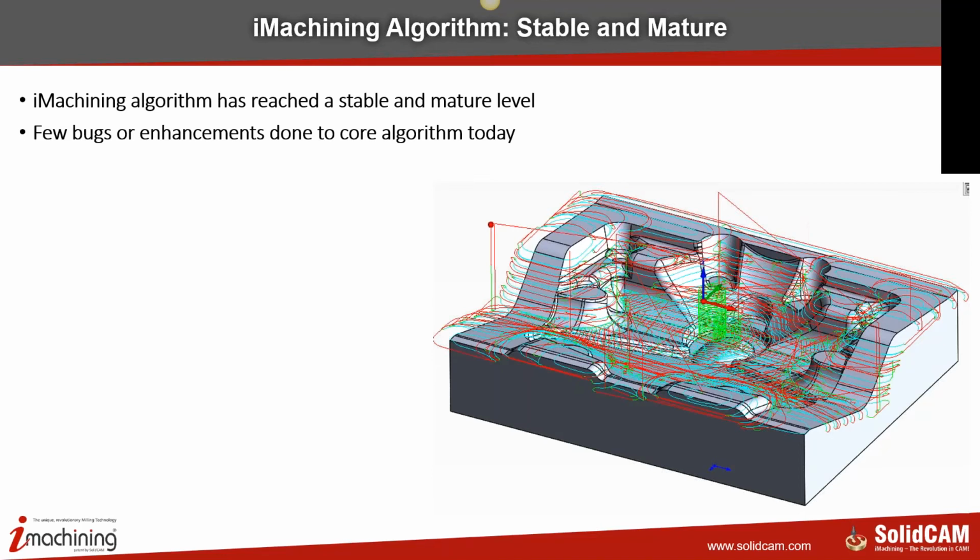The amount of bugs that we get today versus even just 2 or 3 years ago is a very small percentage. And this is really important because it's allowed us to focus our development on other areas instead of the core toolpath. Of course, this doesn't mean you're not going to find bugs in the software, because you will always find bugs in the toolpath because it's pretty advanced. But now we get to enjoy the benefits of the toolpath being pretty stable.